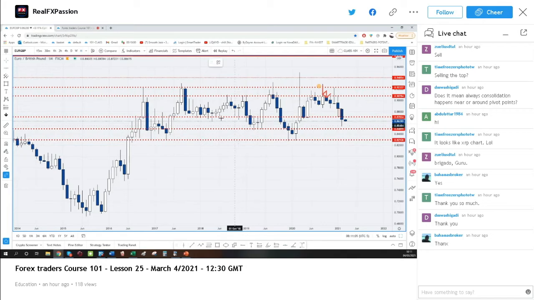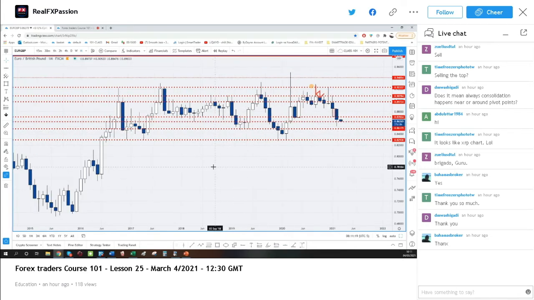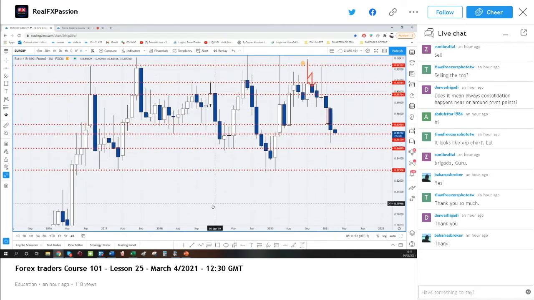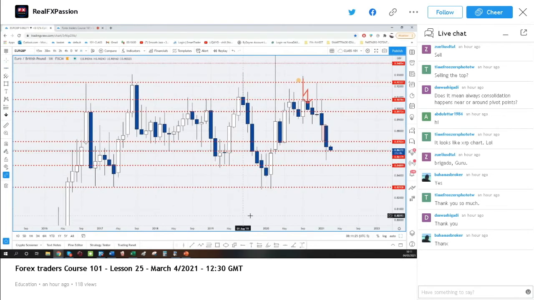This is a high. Another high in here, and is this a low? No, it's not, but this is a high. And one more, this is a low in here. Okay, EURGBP monthly chart. We draw the support, resistance, pivot points.